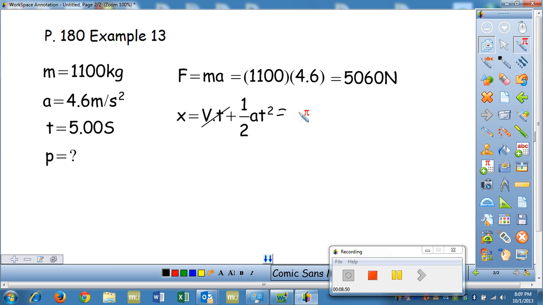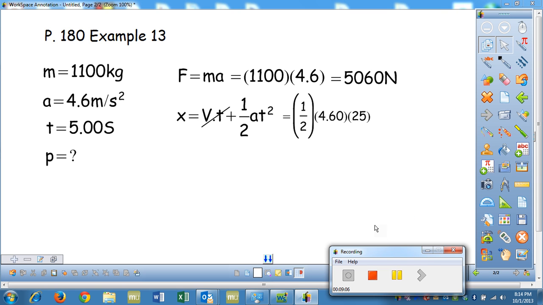That's 1/2 times 4.60, the acceleration, times 25, because t is 5 and t squared is 25. So 0.5 times 4.6 times 25 would be 57.5.